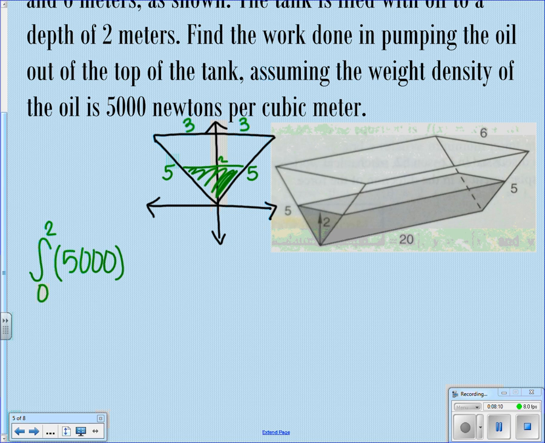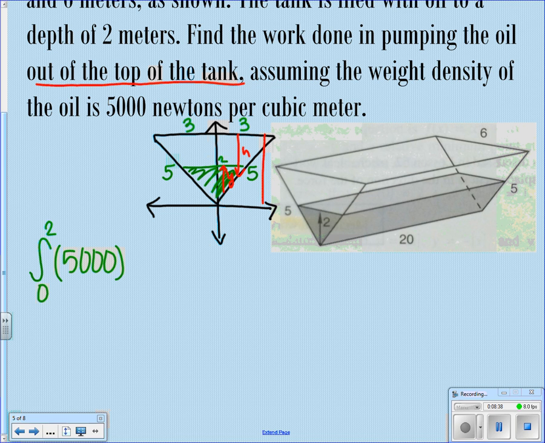For our height, I'm hoping you figured out the pattern here. We're going up for our y, and then we come down for our h. And remember, I told you it goes to the top of the fluid or where the fluid gets pumped to. Now this one is pumping the fluid out of the top of the tank. So your height is coming from the top and going down.